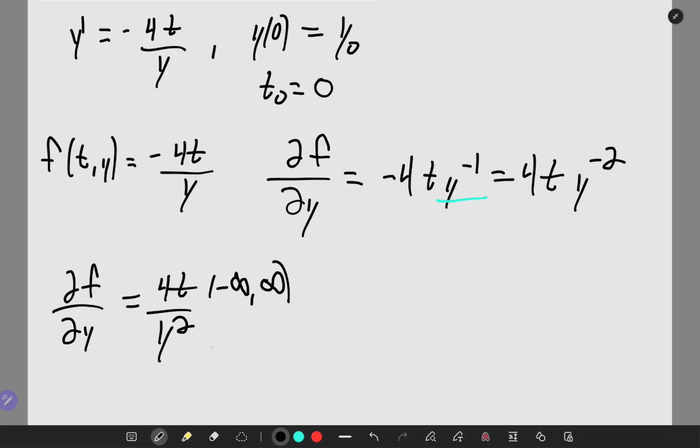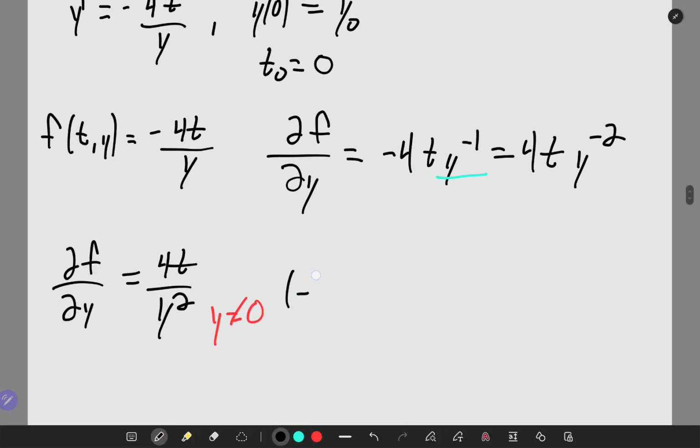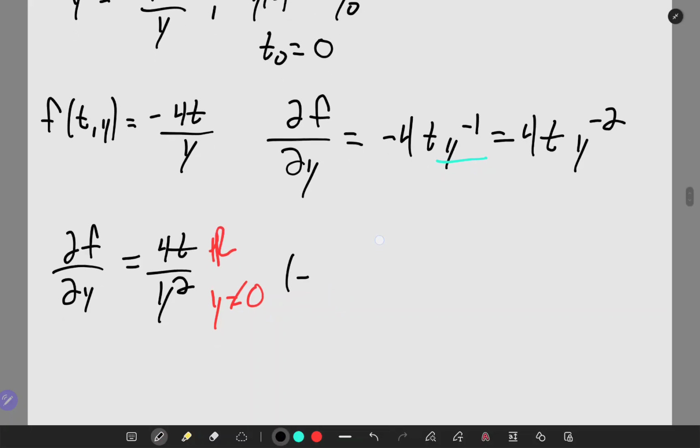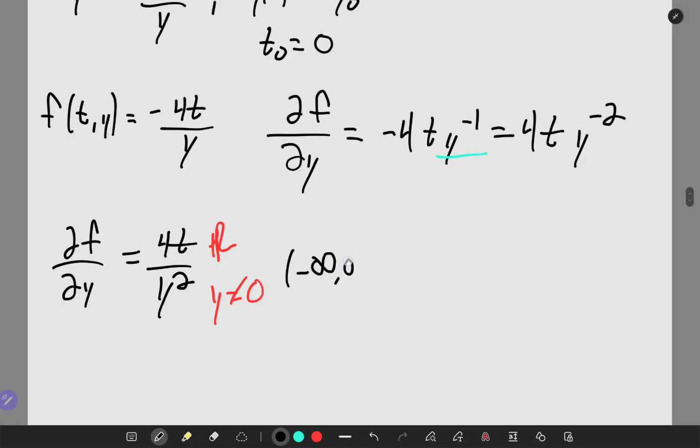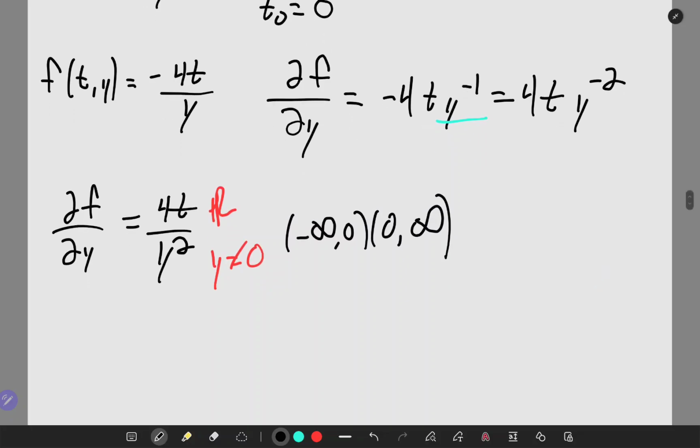So it has to be greater than 0. Well, not necessarily. But this whole thing's also all real numbers. So we're going from, well, except this cannot be 0. Right. Y cannot be 0. So it's going to be from negative infinity to 0, and from 0 to infinity, right? This is our domain.